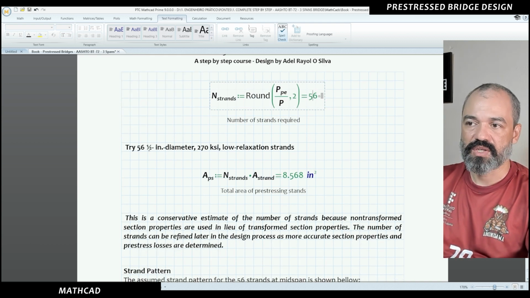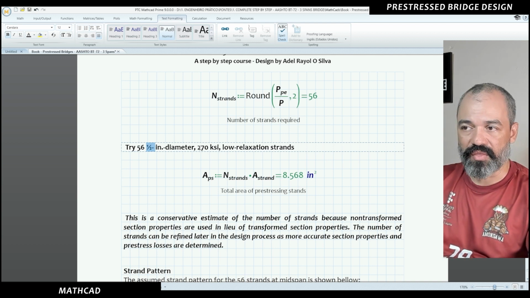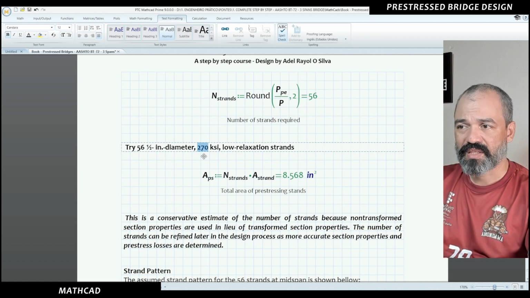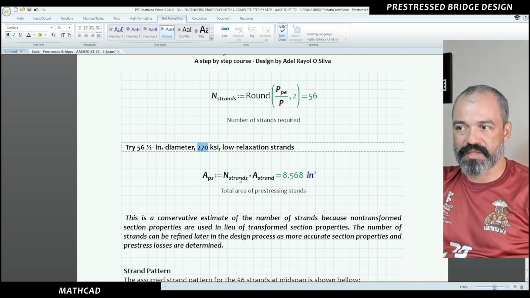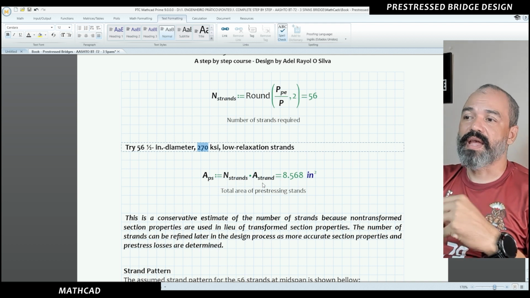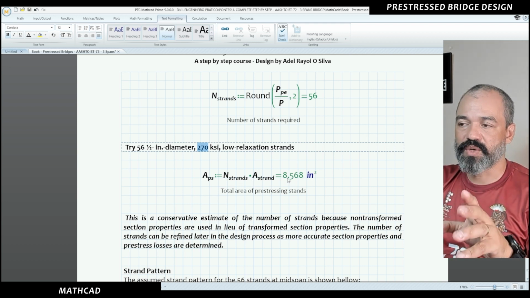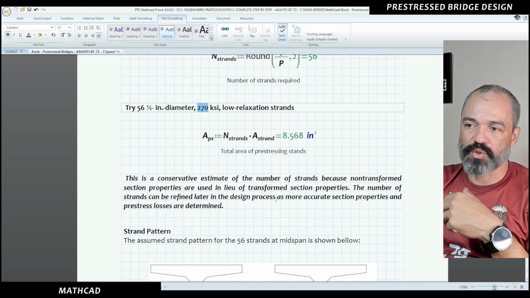If we use a 1/2 inch diameter for our strands, and those strands have 270 ksi of stress, we got the area of prestressed strands, the number of strands times the area of one strand. We will need 8.5 square inches.